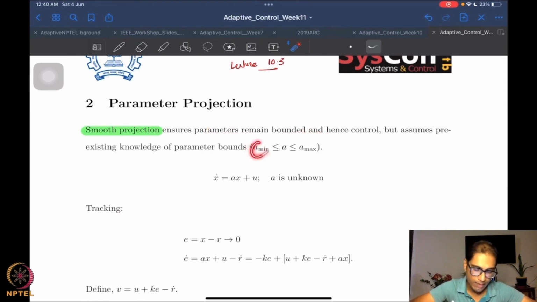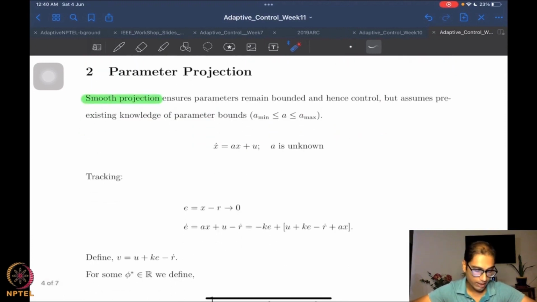These bounds, a min and a max, have to be provided by the end user. So it's expected that the end user does have some knowledge of these unknown parameters, right? And once we ensure using some smooth projection algorithm that your parameter estimates remain bounded, then the control itself also remains bounded. All right, excellent.